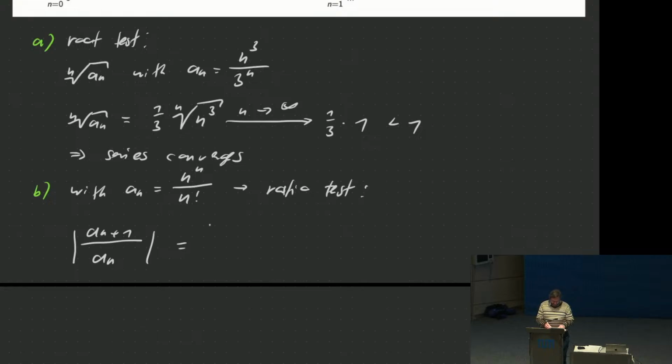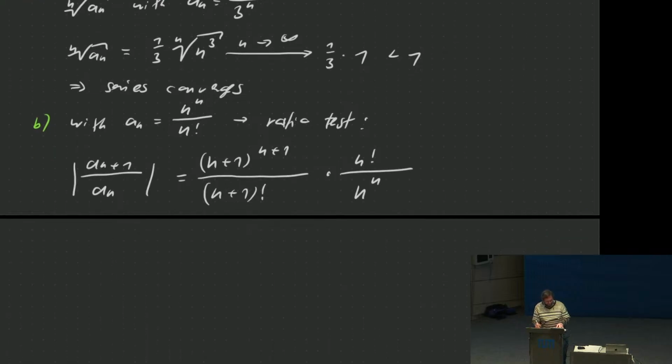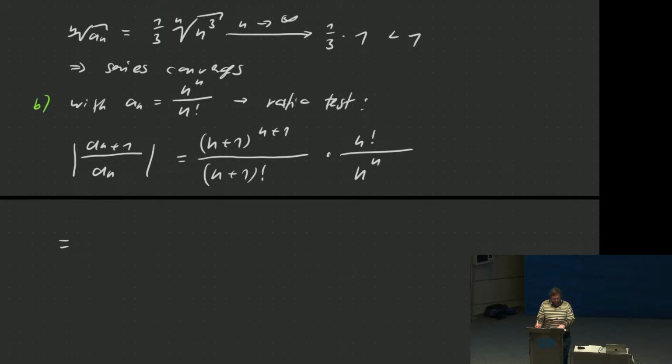So an plus 1 is n plus 1 to the power of n plus 1 over n plus 1 factorial times 1 over an, that is n factorial over n to the power of n. So simplifying this just a little, what we get is this n plus 1 factorial and n factorial.